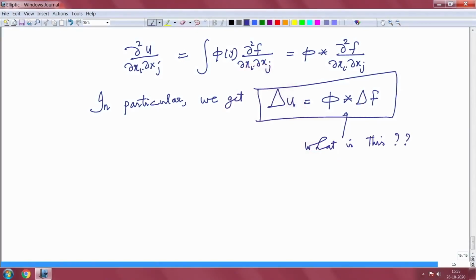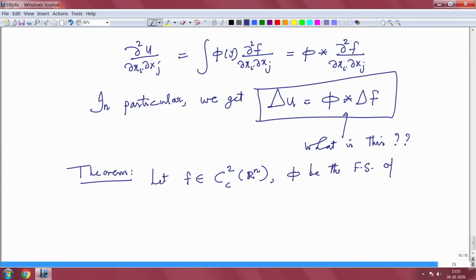Okay. So, we are going to prove a very interesting theorem. Let me write the theorem now. Let f belong to Cc^2 of Rn. This is not a boundary value problem, it is a problem in the full Rn. And let phi be the fundamental solution of minus Laplacian.